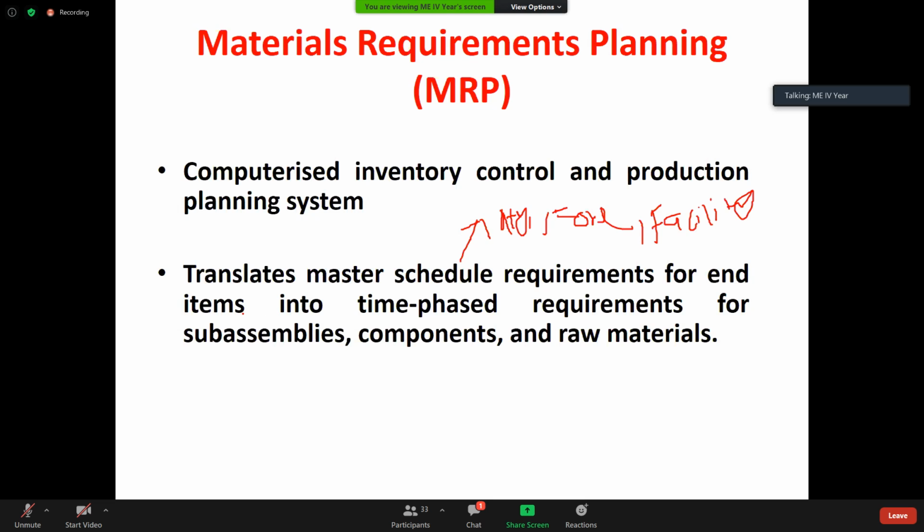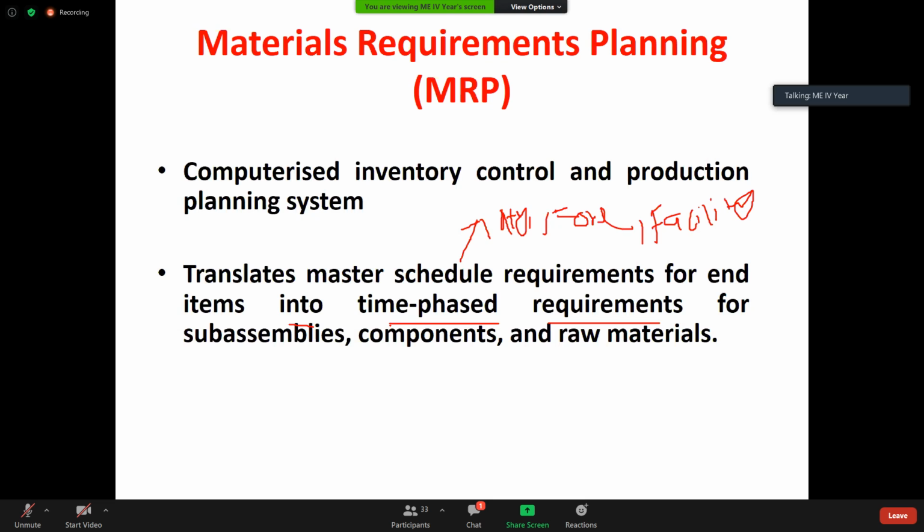For end items into time phased requirements. The customer will say, I need this vehicle in 6 months. To achieve that, we need a time frame, because we don't have everything ready. It won't come to the customer within 6 months just by switching on.